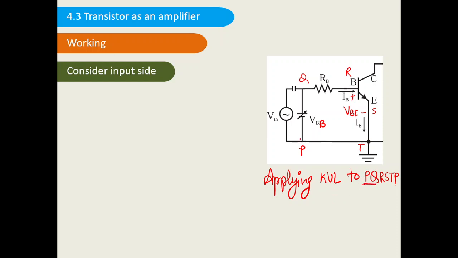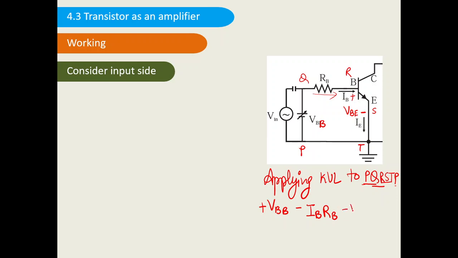The first is PQ. Moving from P to Q, I am actually moving towards the positive terminal of the battery. So it is plus VBB. Then from Q to R, we are moving in the direction of the current. So since we are moving in the direction of current, I can say it is minus of IB RB. Then from R to S, we are moving towards the negative terminal of VBE.